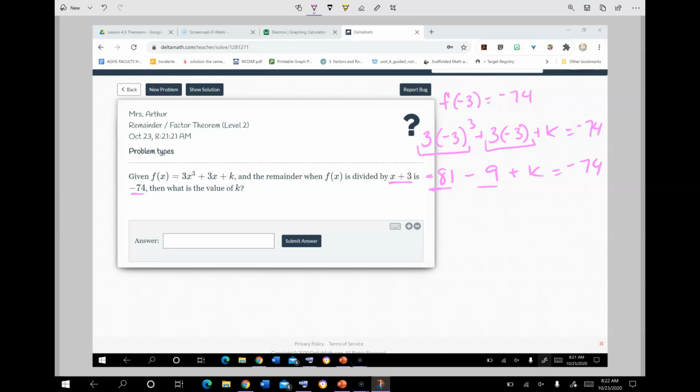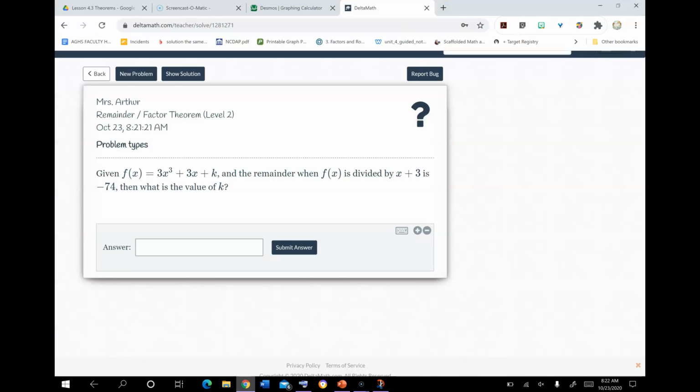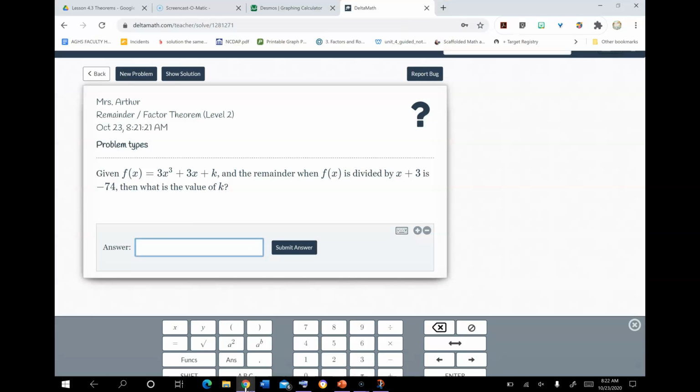And that gives me negative 90 plus k. That's a negative 74. So I'm going to add 90 to both sides. So I'm going to say negative 74 plus 90. And I get k to be 16. Okay? K is 16.